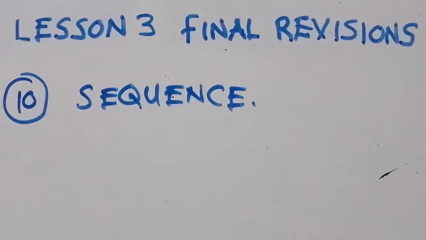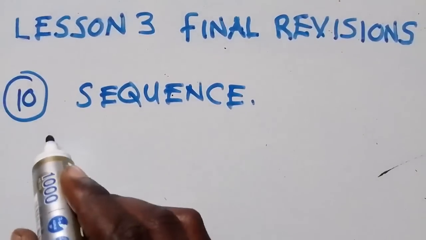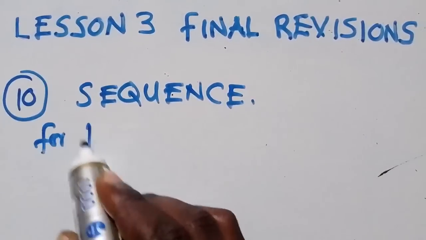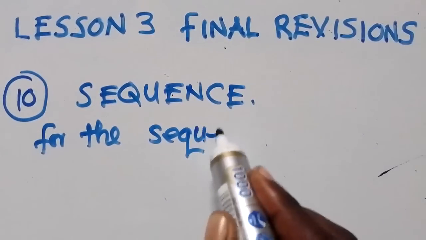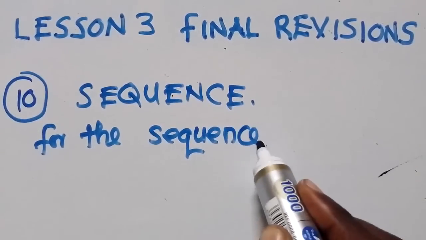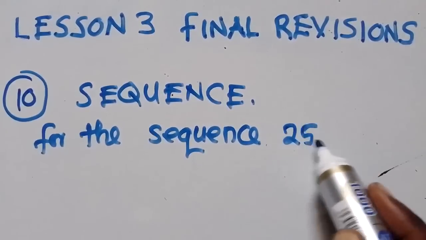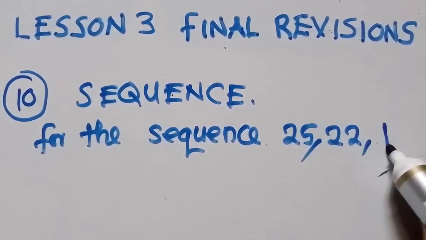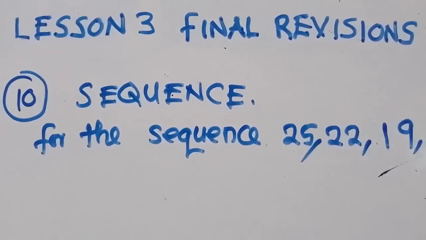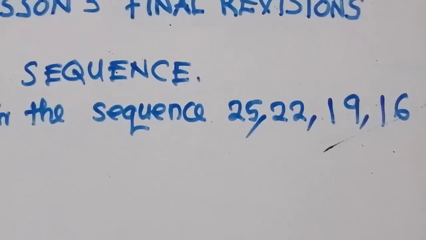So the first question is, this is how the question is for the sequence: 25, 22, 19, 16, like this.